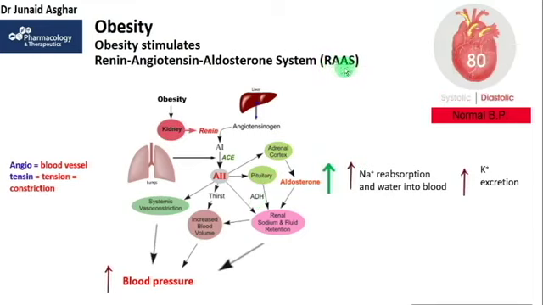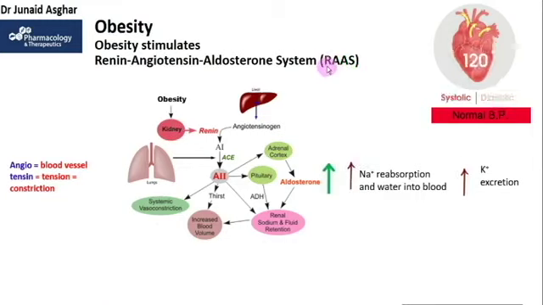So RAAS with three A's: renin, angiotensin, aldosterone, one extra A for ADH, and S for system. It is all because ADH or antidiuretic hormone is a very important player in this system.